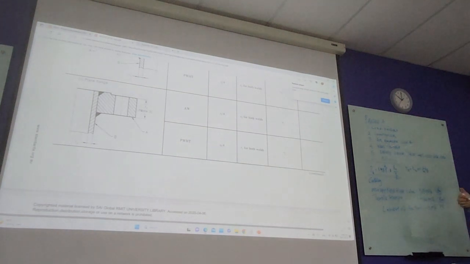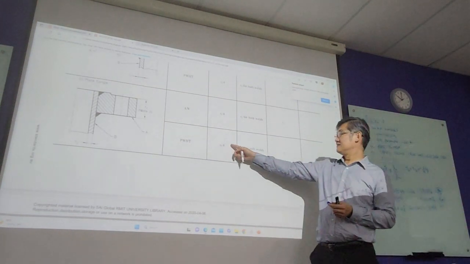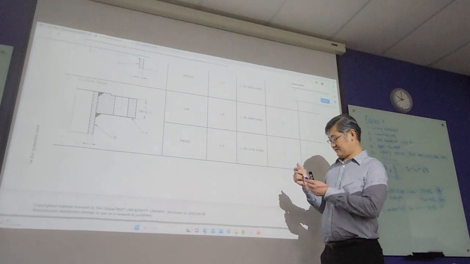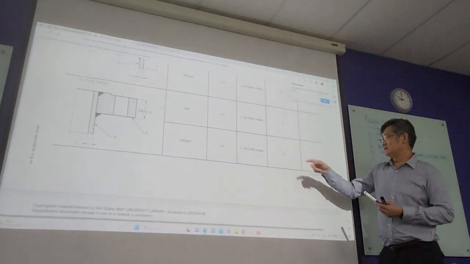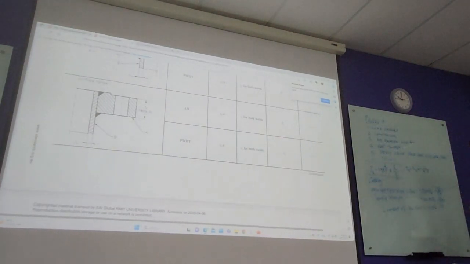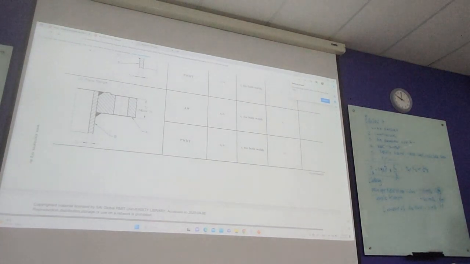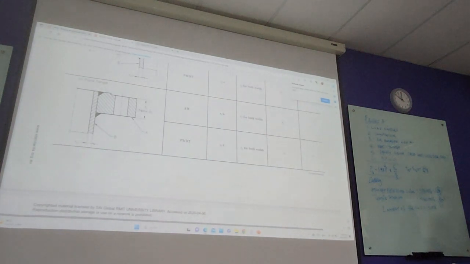The reference here is the thickness of the flange divided by 4. So you have to select which one is greater. Which one is greater?